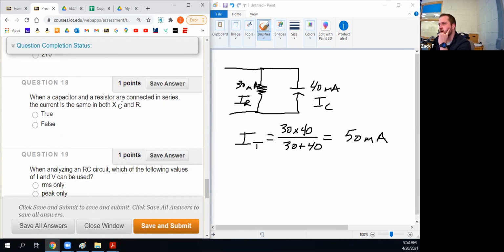When a capacitor and a resistor are connected in series, the current is the same in both X sub C and R. True.